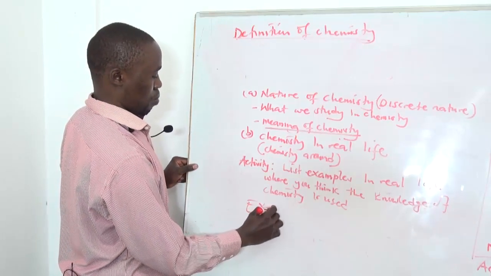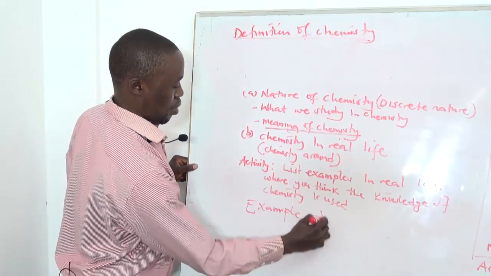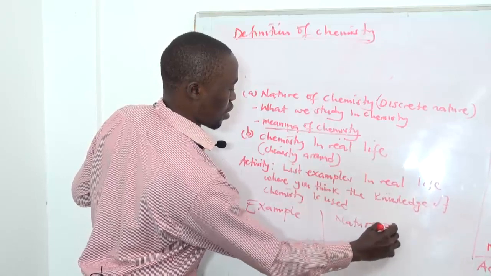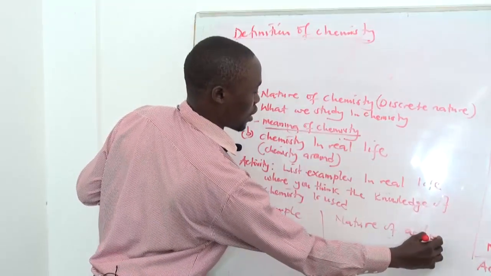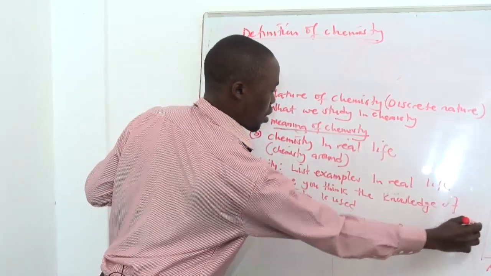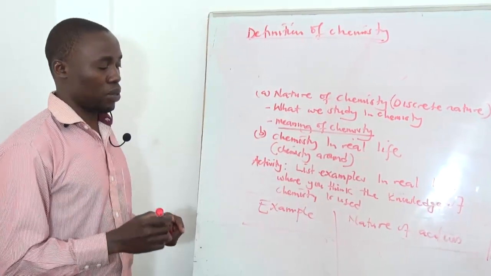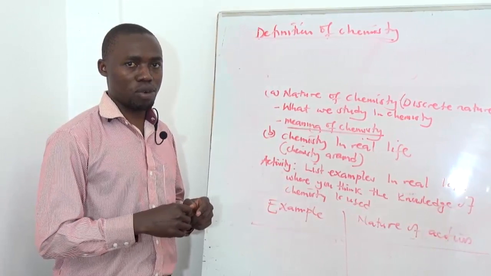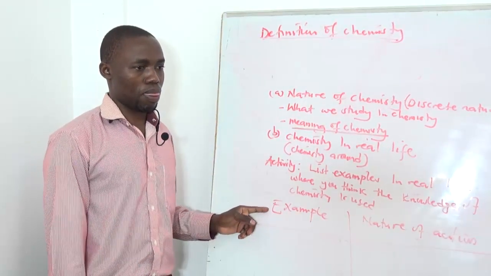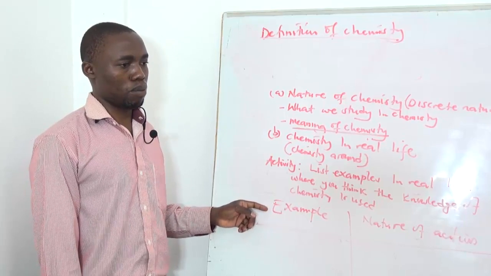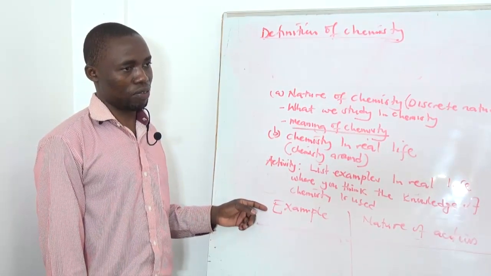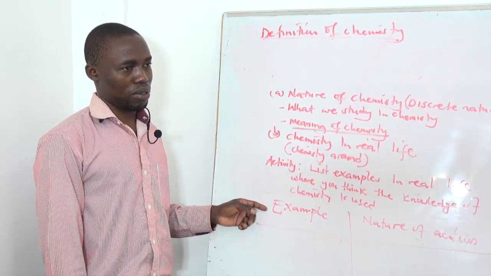Example, then nature of action. Example, the nature of action. Present it in a table format. Do we really have chemistry in real life? Do we?